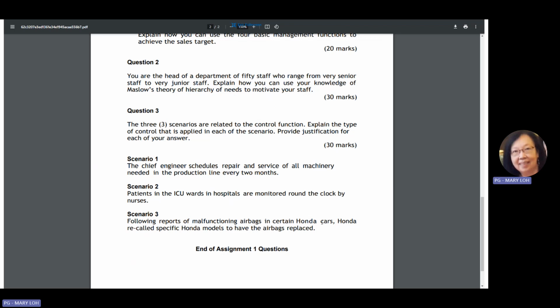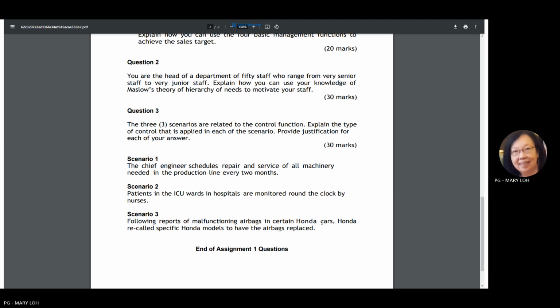So therefore, they will be put into the ICU ward, whereby their progress, you can say, will be monitored 24 hours, 24/7, closely by the staff, by the nurses, to make sure that that person survives, put it this way. So patients in the ICU ward in hospitals are monitored round the clock by the nurses. So that means you're monitoring the progress of something. Okay.